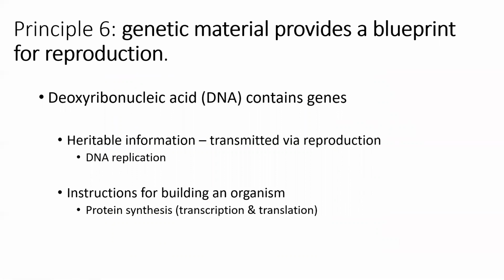All right, the sixth principle or characteristic: the genetic material, which is DNA, deoxyribonucleic acid, is going to provide the blueprint for reproduction.